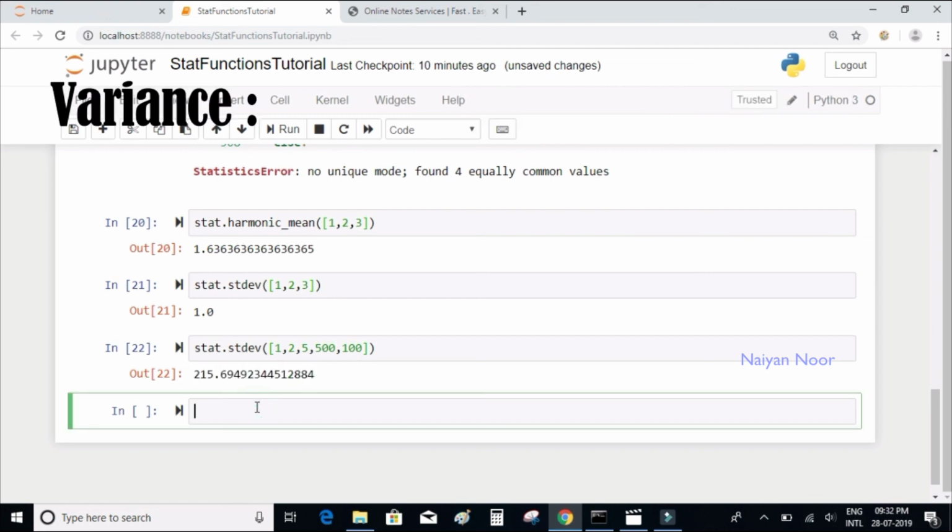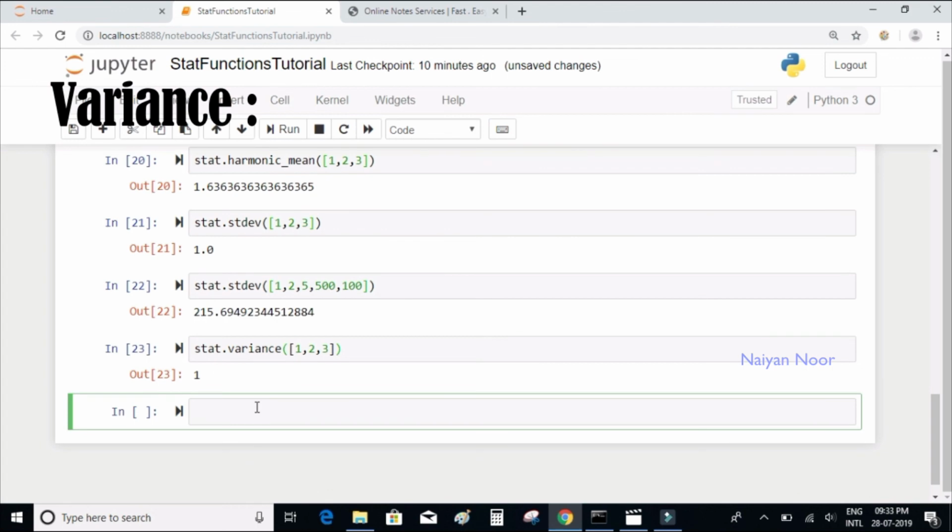There is also something called variance, which is nothing but the square of standard deviation. It's basically just like standard deviation, but the square of it. If you want to find out the variance of the same numbers 1, 2, 3, what do you think the answer would be? It should be equal to 1, because 1 square is again 1.